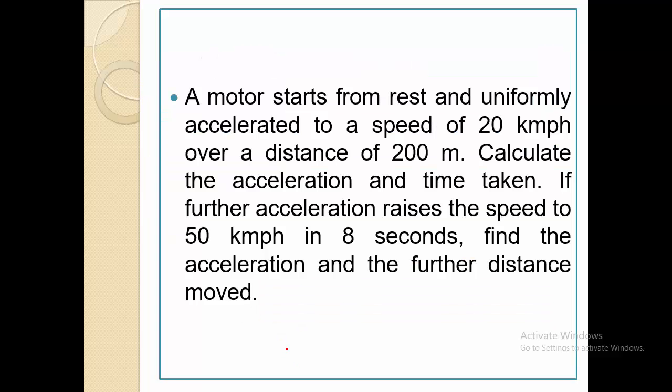So this is the problem. A motor starts from rest. The initial condition of the motor is at rest, so at time t equal to 0, the initial velocity u can be taken as 0 meter per second, and it is uniformly accelerated to a speed of 20 km per hour.